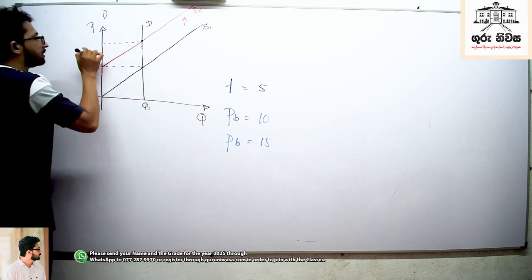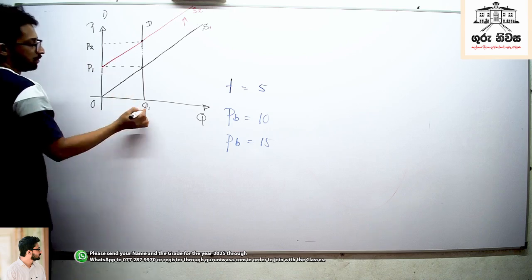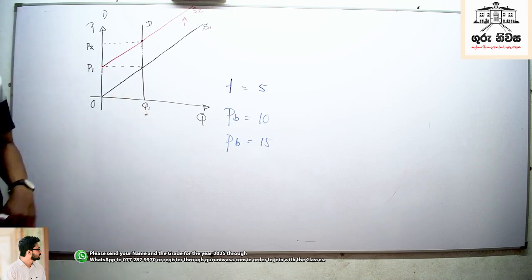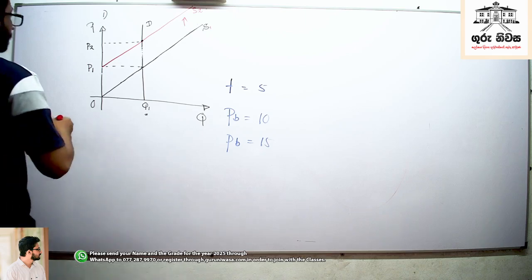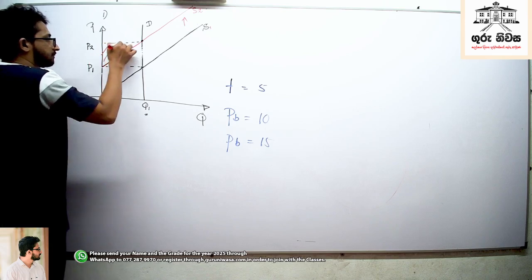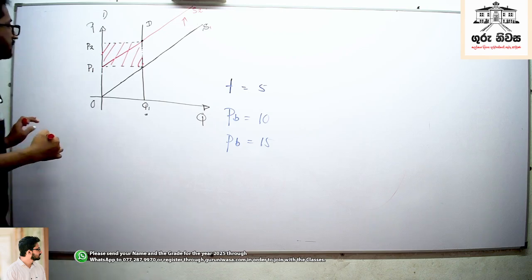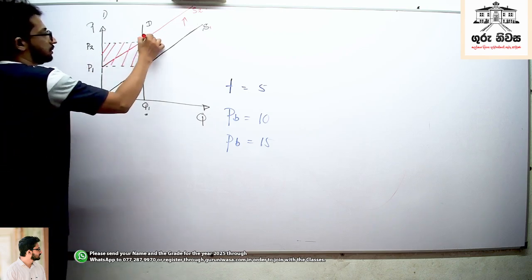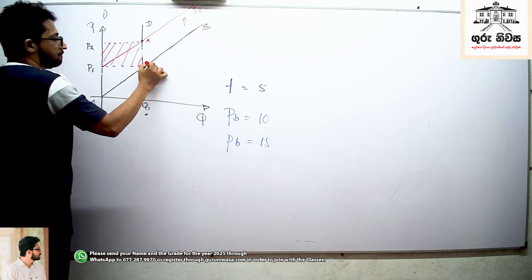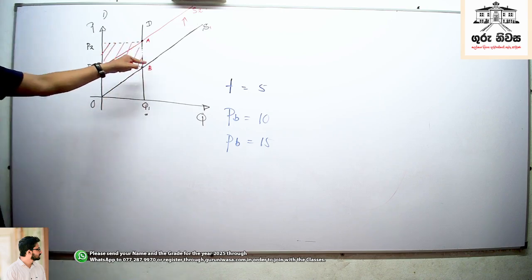Here P1, P2. You can see the equilibrium quantity doesn't change. That point is important. Equilibrium quantity does not change. Then here the entire tax burden goes to the consumer. P1, P2, I'll put some letters, A and B.